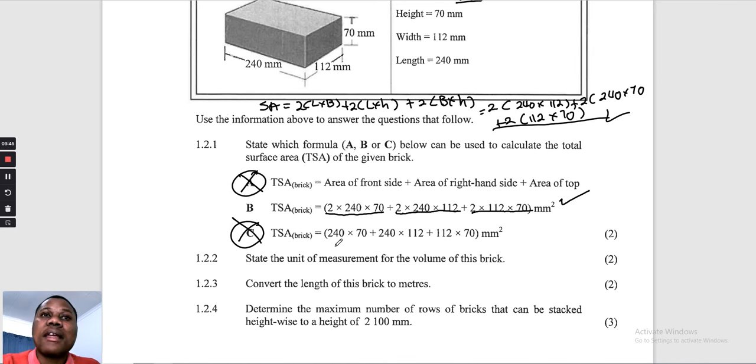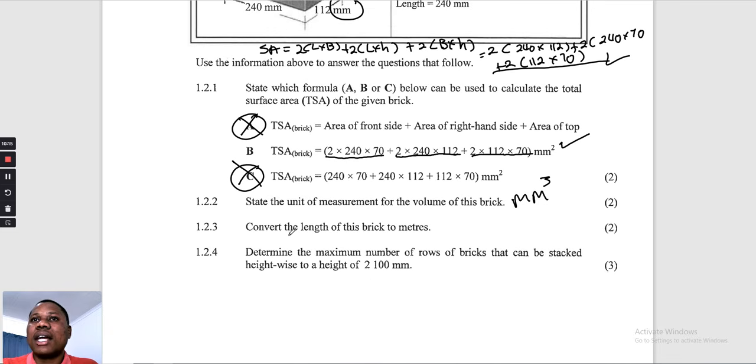But the volume of a solid is always measured in centimeter cubic, meter cubic, millimeter cubic, or kilometer cubic. So here we have millimeters, meaning that the units that are going to be used here are millimeter cubic, not just millimeters. If you talk about millimeters only, that means you're talking about a distance, not a volume.